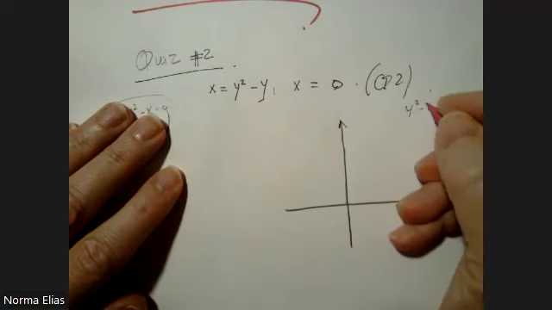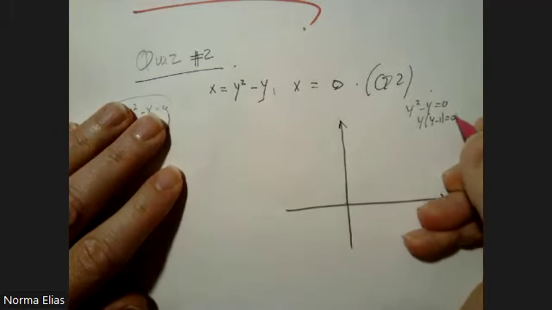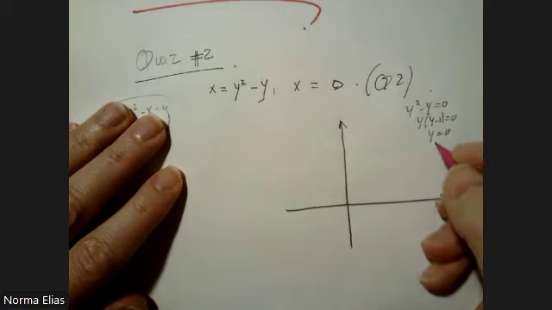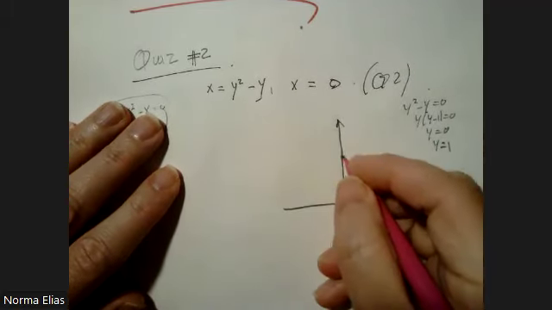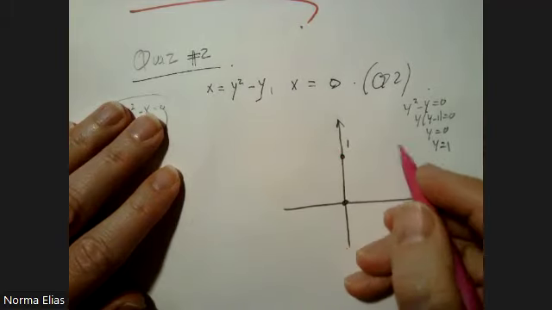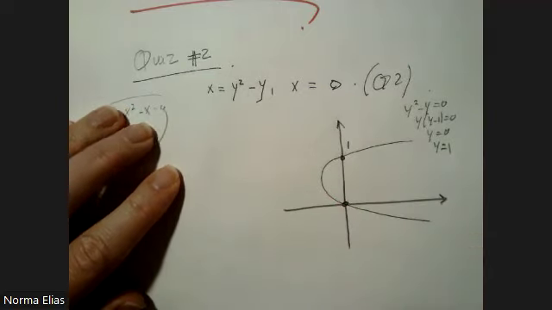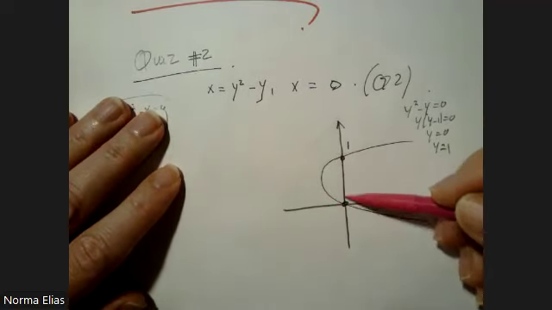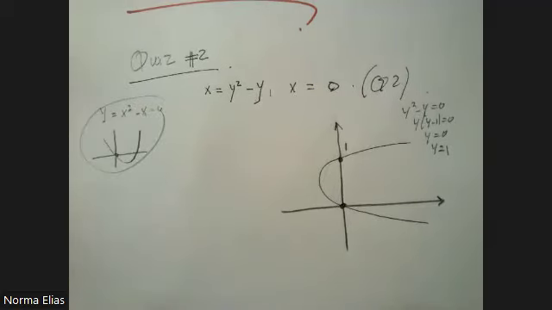So y squared minus y equals 0. Y times y minus 1 equals 0. Y is 0 and y is 1. So the zeros are here. And this is the parabola. And x equals 0 is the y-axis, and I told you the second quadrant, it means this is the region we're interested in.